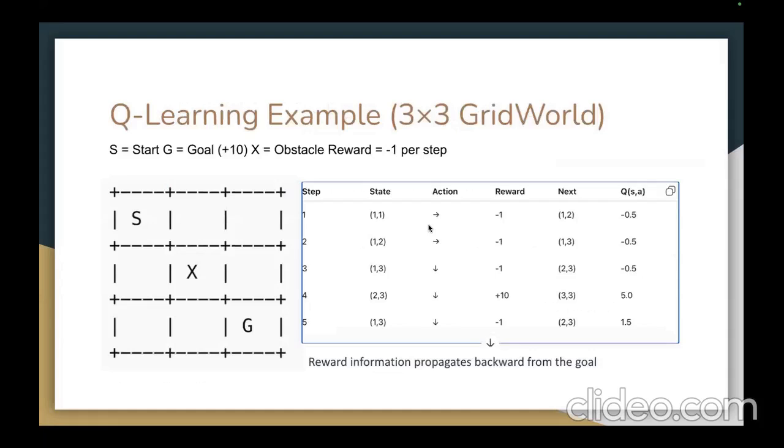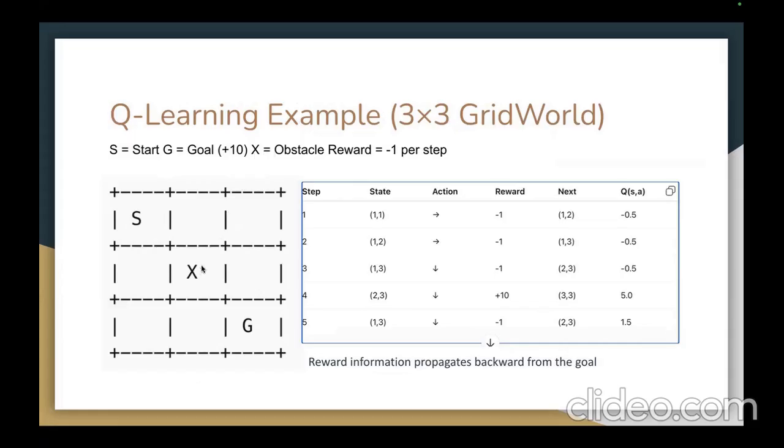Okay, so now let's look at a simple example of Q-learning. So imagine we have a 3x3 grid, and we wish to let our robot navigate from the first square to this square. S is the start, and let's assume we have a goal reward of +10, and a reward of -1 for every other square.